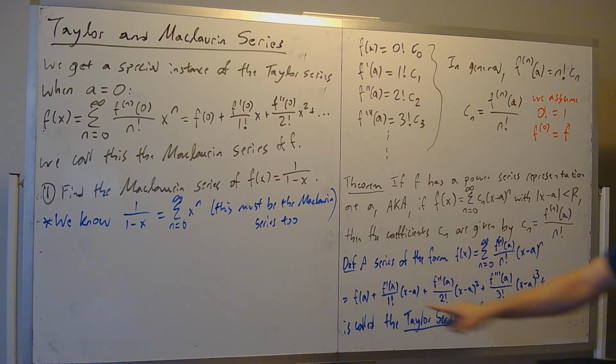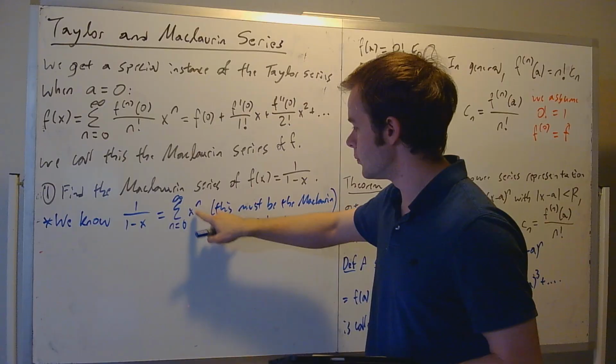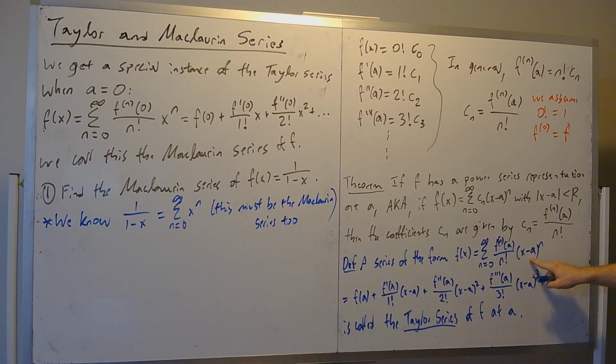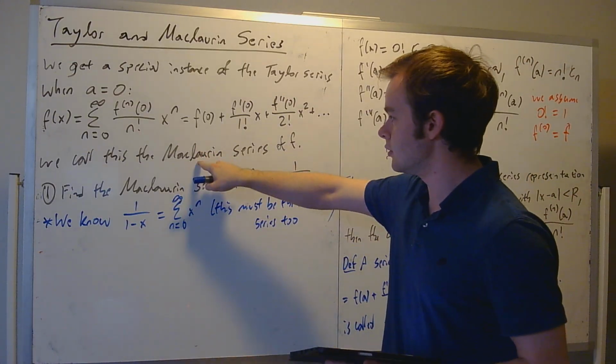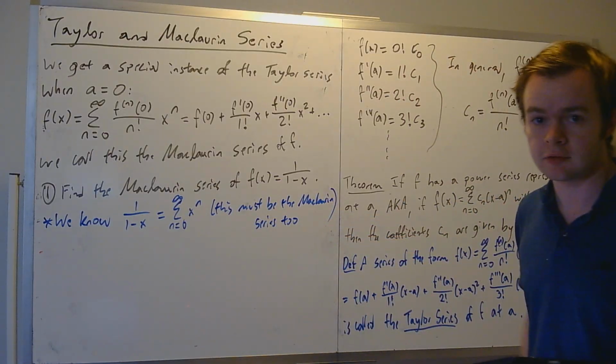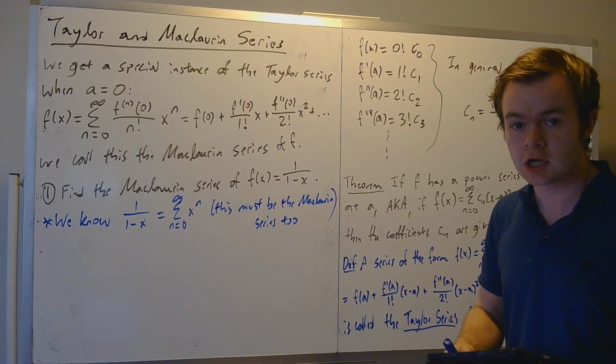Notice here we have x to the n, whereas the Taylor series has x minus a to the n. So you can see that a is equal to 0, which means it is actually a Maclaurin series. So we actually already know that this is the Maclaurin series, but we want to check that fact.